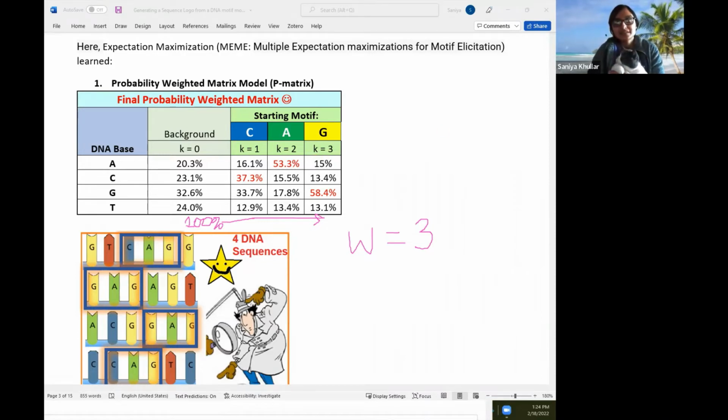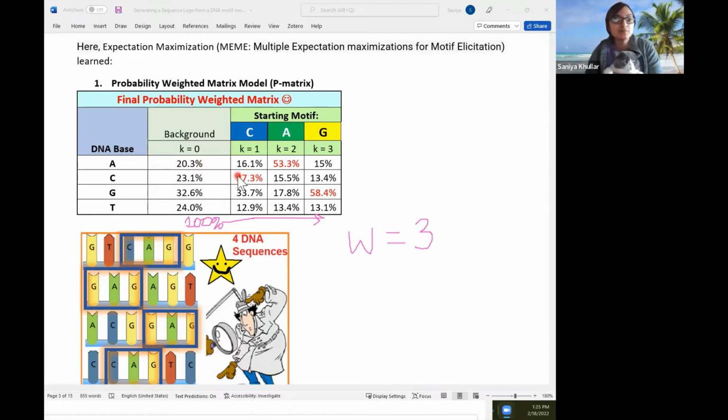So based on these probabilities, we were able to find those motifs as needed. So CAG was highest here. The thing is that CAG is the highest motif because of the C here, the A here, and the G here having the highest probability.